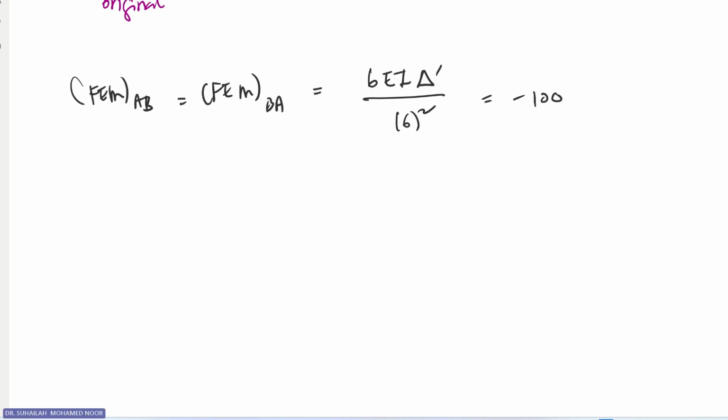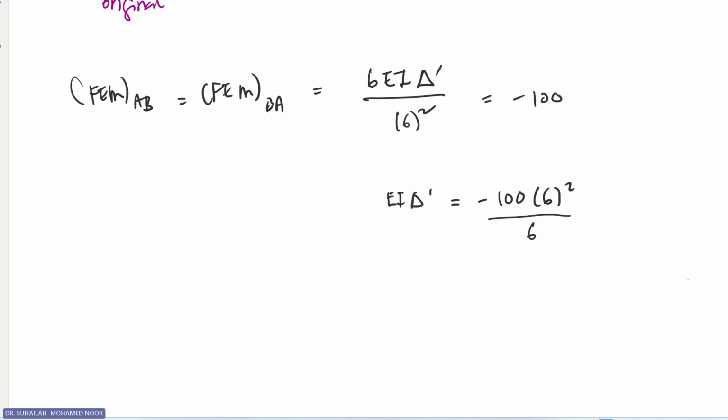From this, actually, this is based on what Hibbeler says in the textbook. So we find EI delta prime: negative 100 times 6 squared, divided by 6.